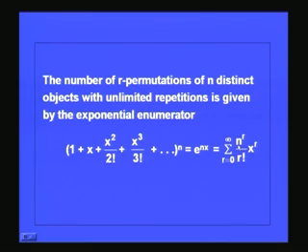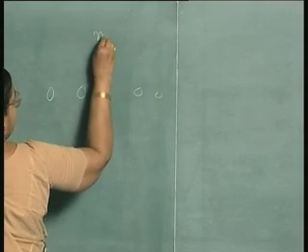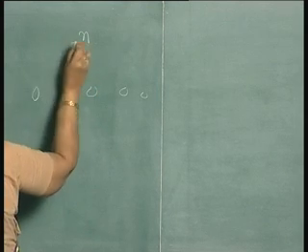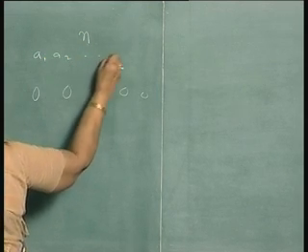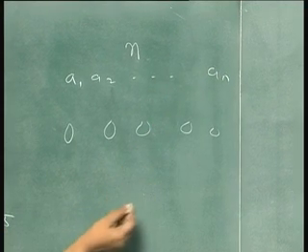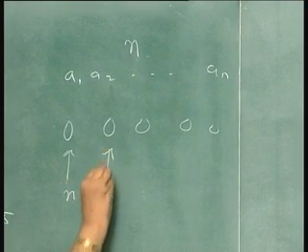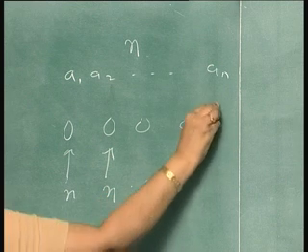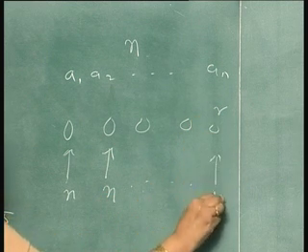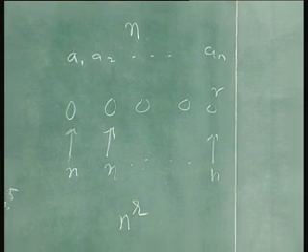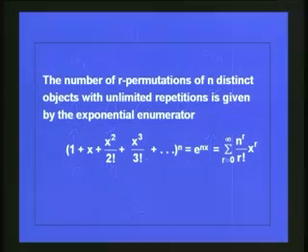Suppose I have to fill r places and I have n objects, say a1, a2, ..., an, with unlimited repetition. Then the first place can be filled in n ways, the second place can be filled in n ways and so on. The rth place can be filled in n ways. So, the answer you get is n power r, and that is what you get here, n power r.